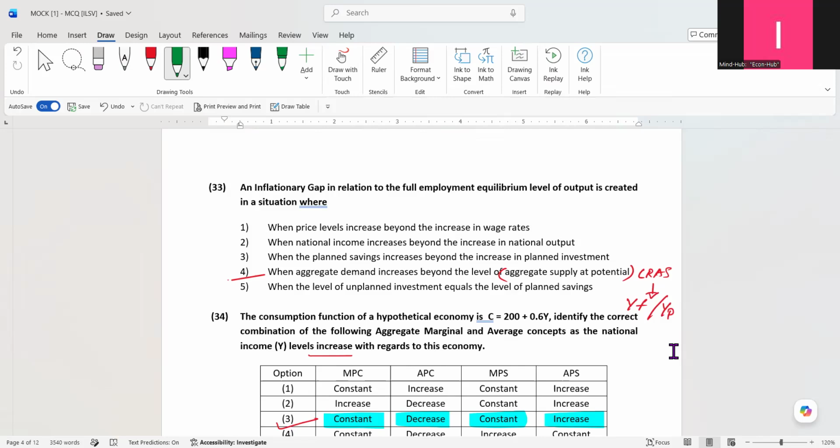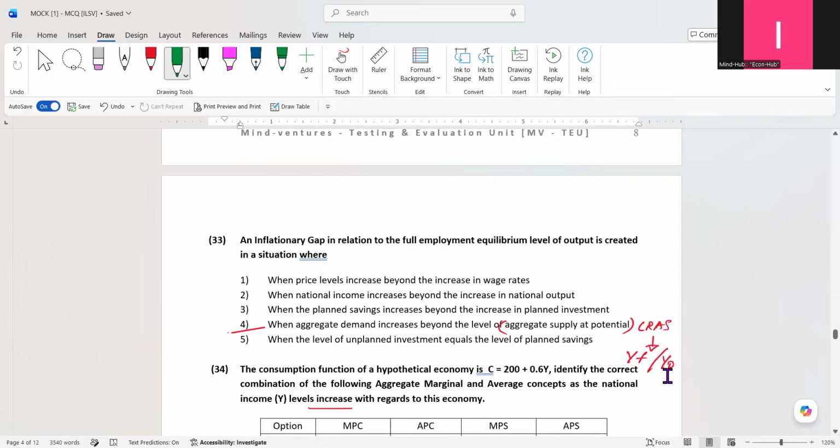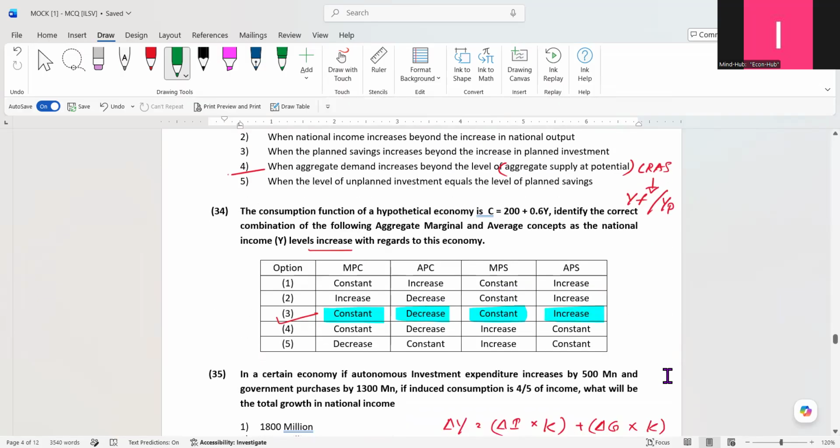34. The consumption function of a hypothetical economy is C equals 200 plus 0.6Y. Identify the correct combination of the following aggregate, marginal and average concepts as the national income level increases with regards to this economy. First of all, marginal propensity to consume means the slope of the consumption curve.